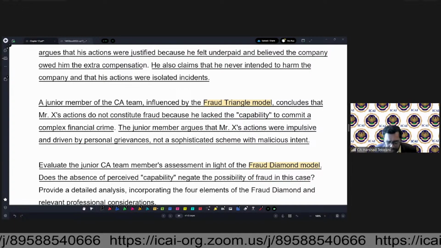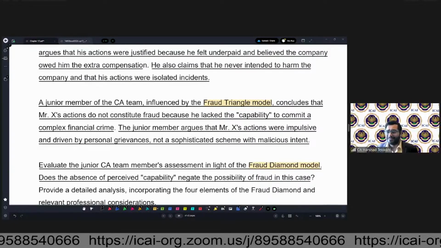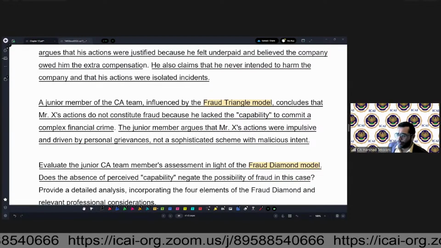We have read the fraud triangle at various instances, even in SA 240.